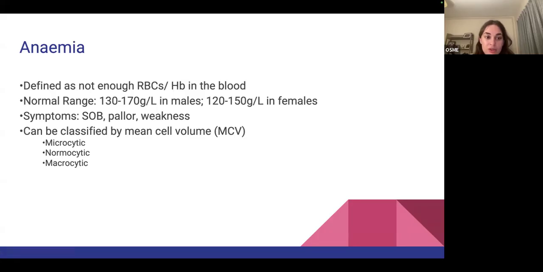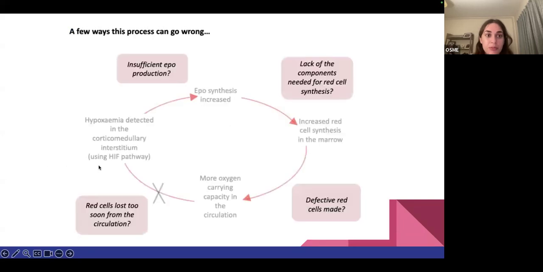The normal ranges vary between men and women, and the key triad of symptoms is pallor, so paleness, shortness of breath, and weakness. Anemia is classified by the mean cell volume on the full blood count: microcytic, so less than about 80, normocytic, and then macrocytic.